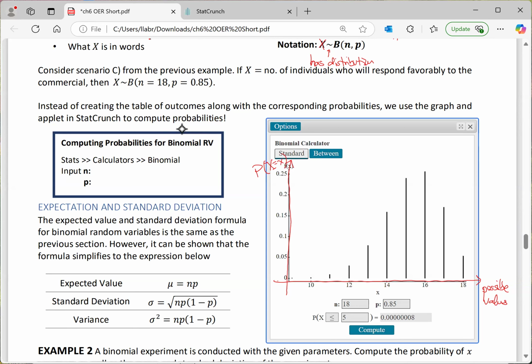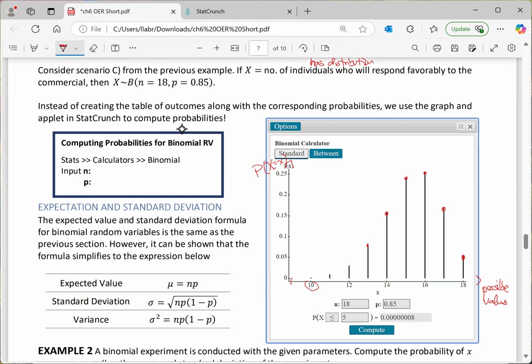We can see that our graph with these little sticks, they're all positive, and there's a peak at roughly 16. Technically, this does extend all the way out here because the number of successes could be 9, could be 8, it could even be 0. It's just that the probability is so small that StatCrunch has decided not to show it, because you can tell how small the probability already is for 10 successes, assuming that distribution.